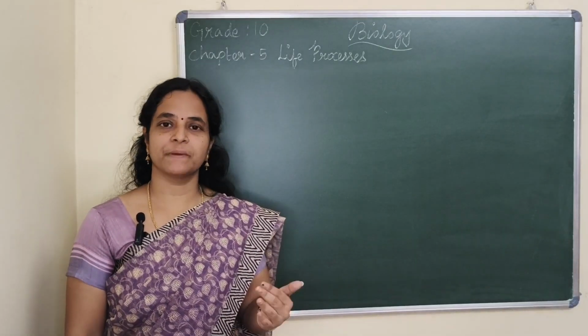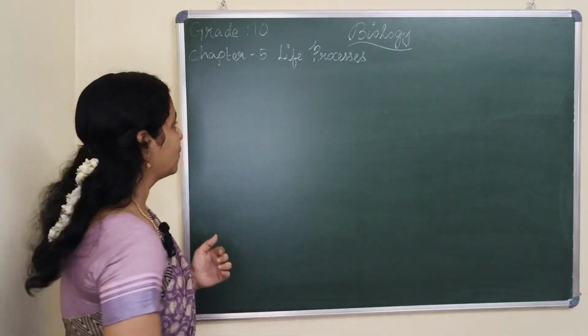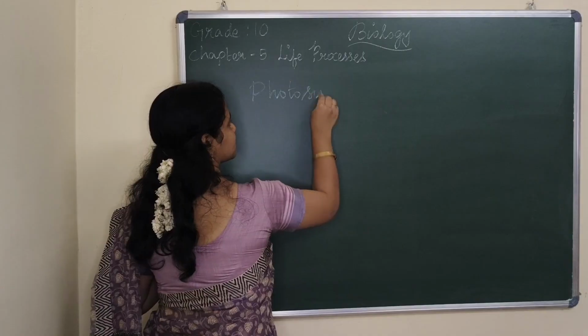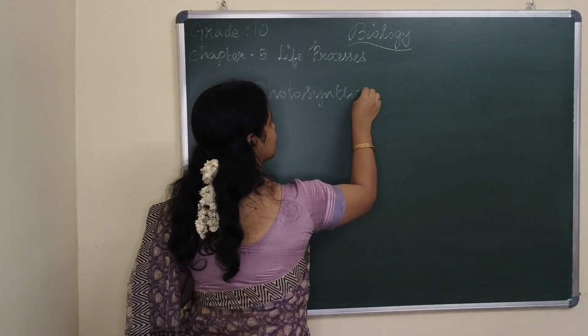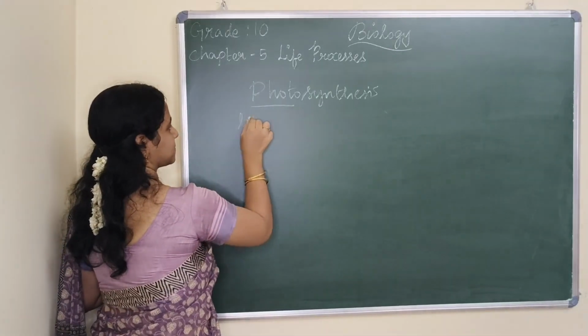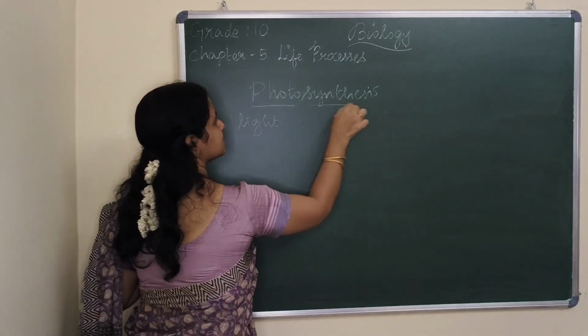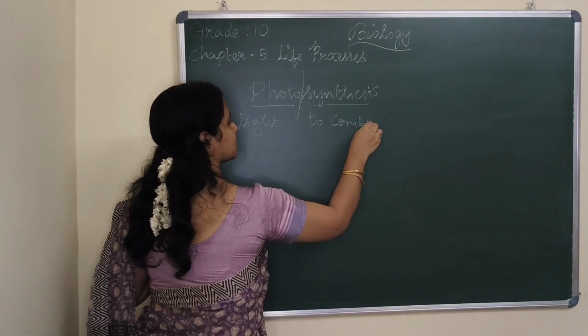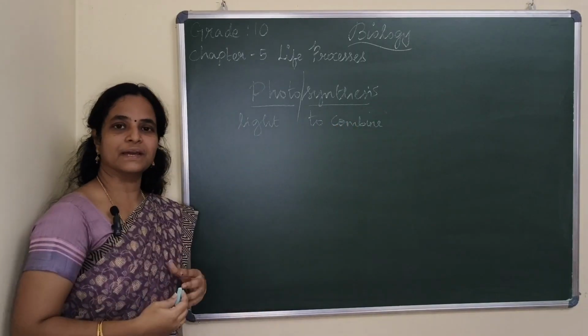So autotrophs prepare food by the process of photosynthesis. So what do you mean by photosynthesis? The meaning of photo is light and the meaning of synthesis is to combine. So what do they combine?